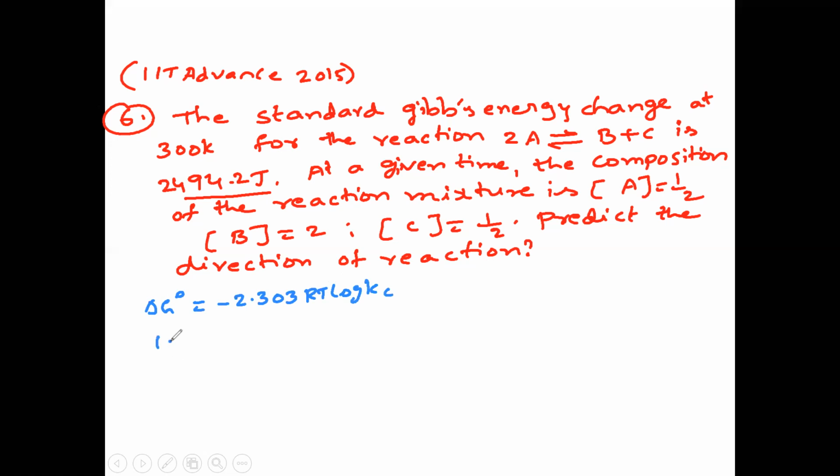So we can say log Kc is equal to delta G value, 2494.2 joules, divided by 2.303. Anyway, this should have been given with a minus sign, but they have given plus. So I'll keep the minus, no worries.